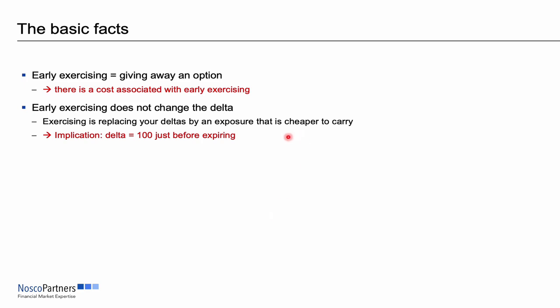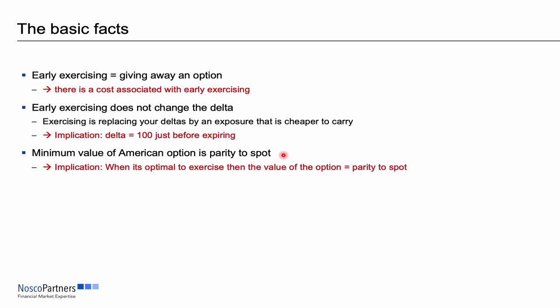Actually, it's like you take the same exposure in a different way. First, you have the exposure to the underlying with, say, a deep in the money call, and afterwards you are long the underlying. That doesn't usually change the delta. And we actually have seen that just right before you early exercise, the delta of an American option is 100%.